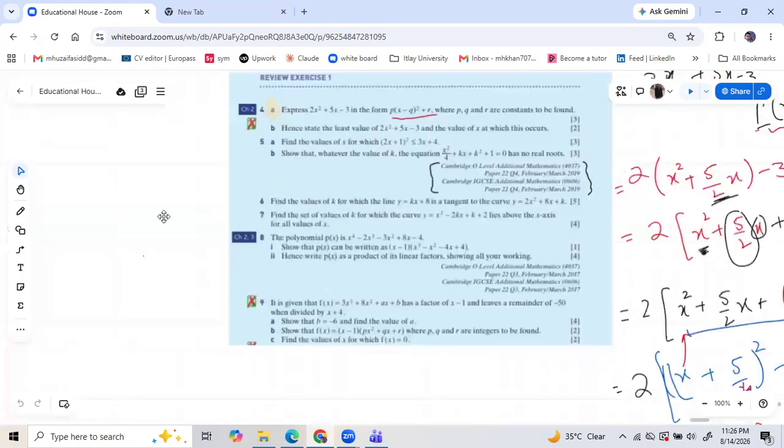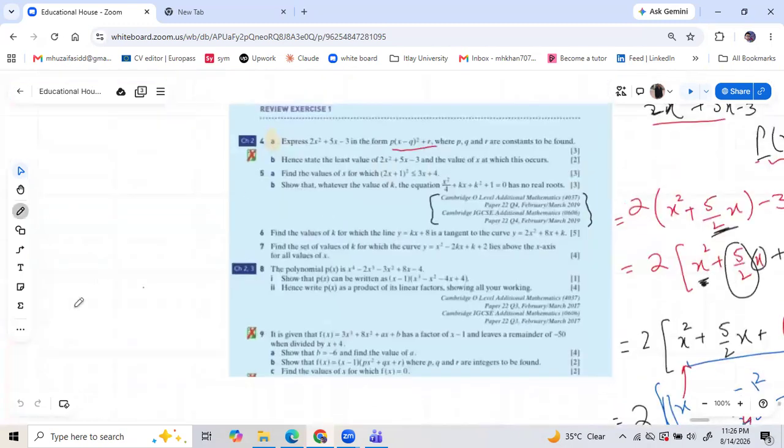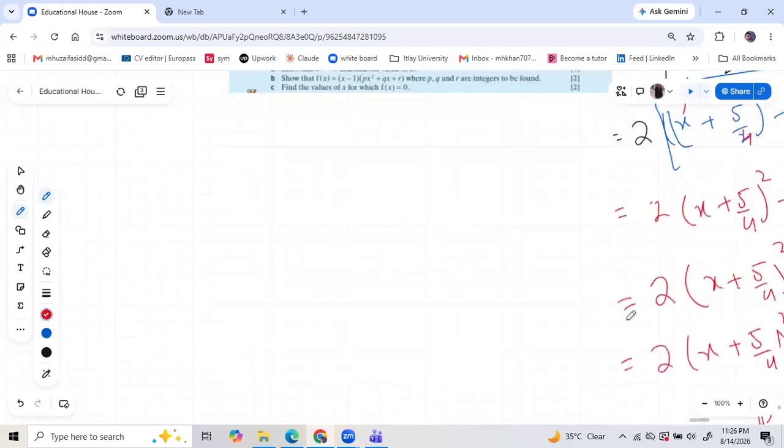Okay. So from here, find the least value of this equation and the value of x at which this occurs, and state the least value of x. So basically we want to find the value of x. How can we find the value of x?